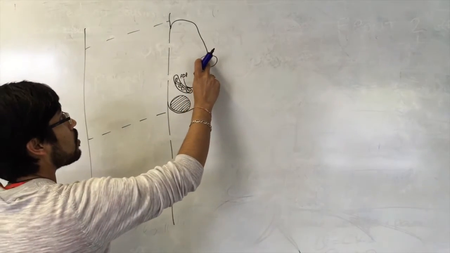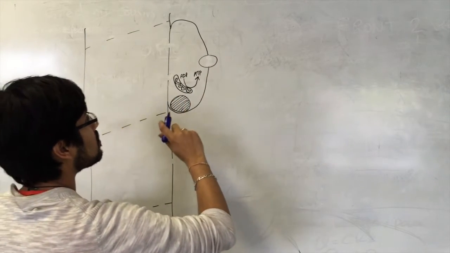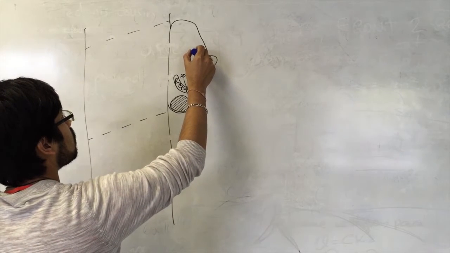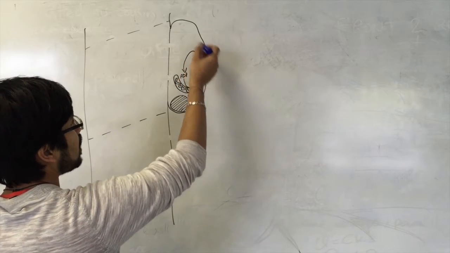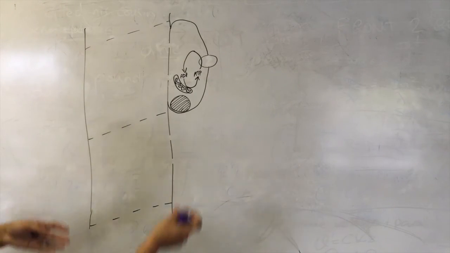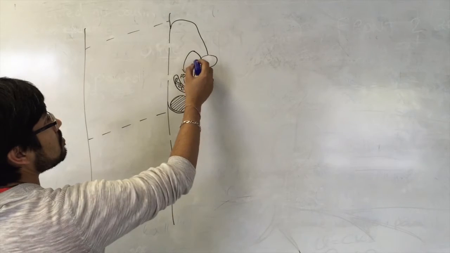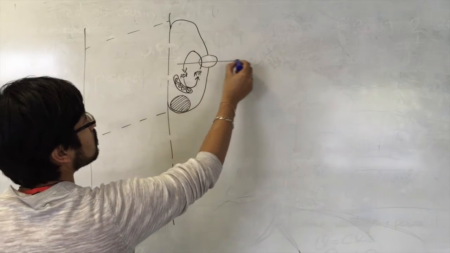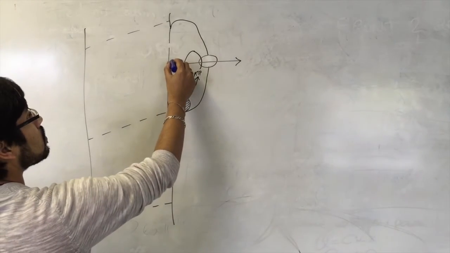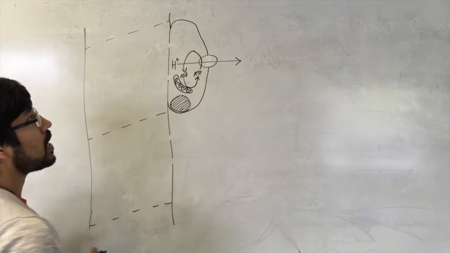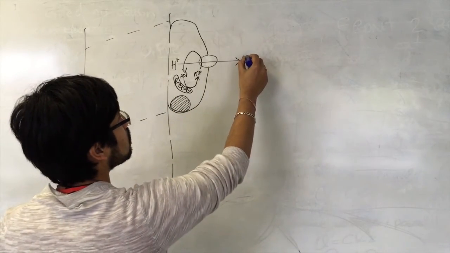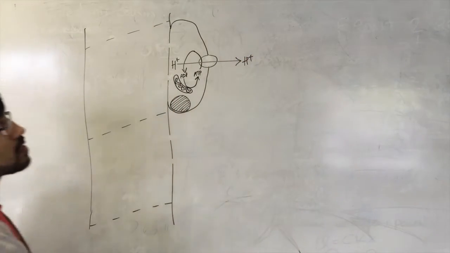Okay, so what it does is it uses the energy released by converting ATP back to ADP, and that energy is used to pump protons, H+ ions, from in the cell to out of the cell.